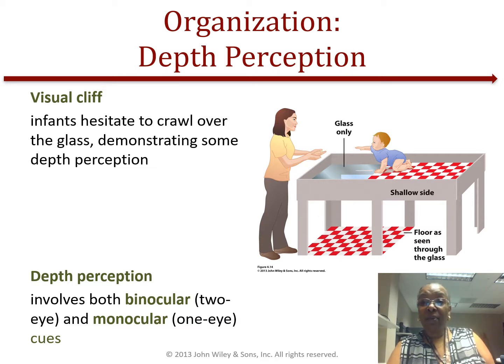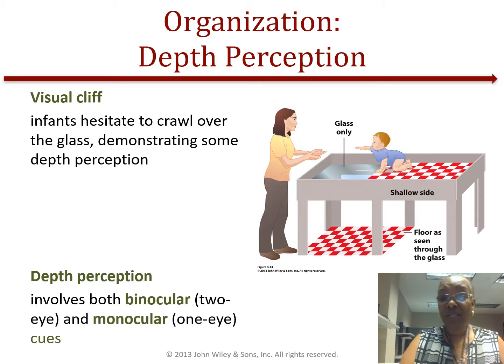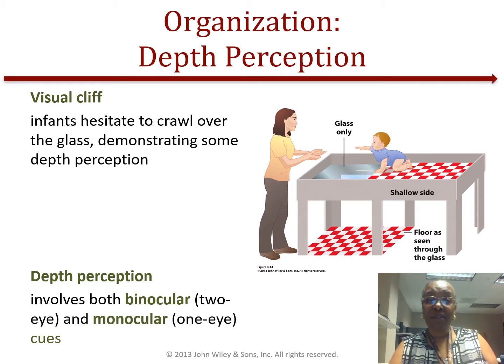One mechanism by which we perceive depth is the interaction of both eyes to produce binocular cues. The others involve monocular cues, which work with each eye separately. Looking at this figure on the slide, you see a crawling infant. The crawling infant will hesitate, or might even refuse to move at all, at the deep end of a visual cliff.